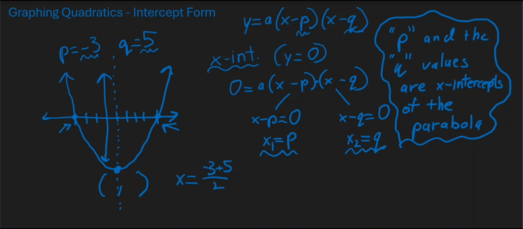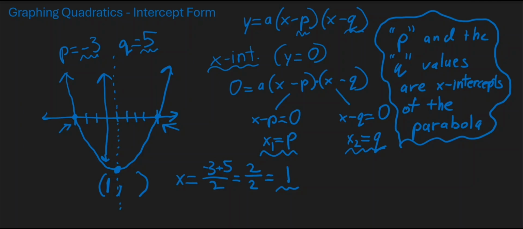That gives us a positive 2 divided by 2, and that would be a 1. And then from there, getting the y value would be pretty easy. You plug in a 1 for the value of x in the original function, and you solve for the value of y, and that would give you the vertex. And 3 values would be sufficient for you to graph a parabola, and that's pretty much what the template would be to graph a parabola in intercept form.